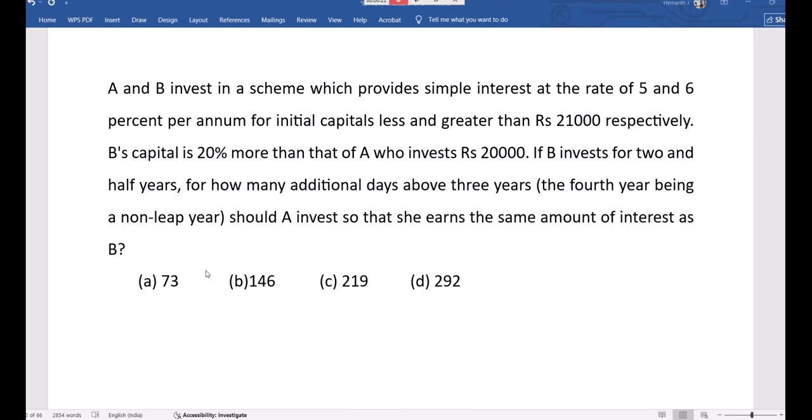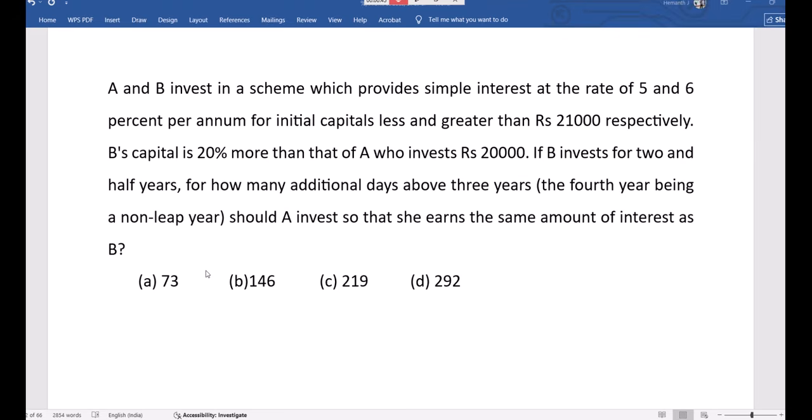B's capital is 20% more than that of A. Investment is nothing but capital only. If B invests for 2.5 years, for how many additional days above 3 years, the fourth year being a non-leap year, should A invest so that she earns the same amount of interest? This is simple interest only.